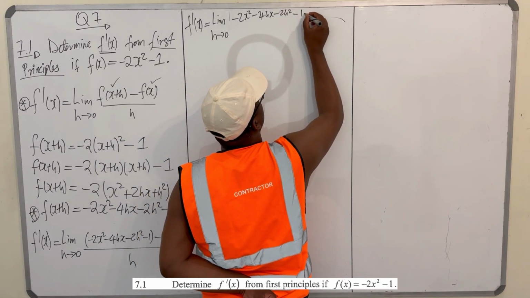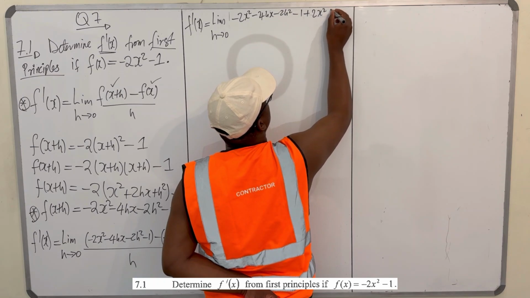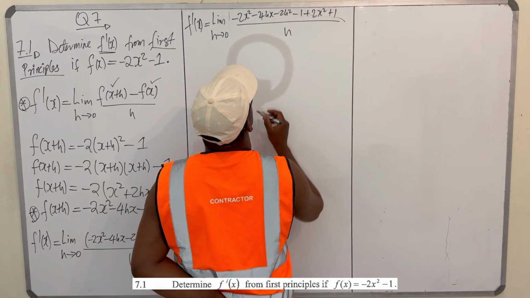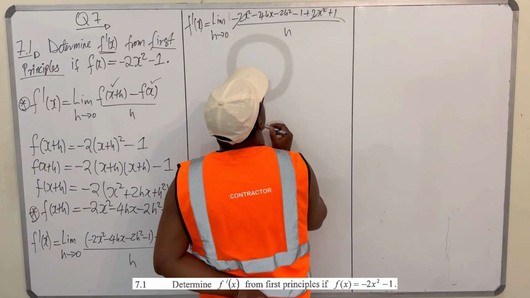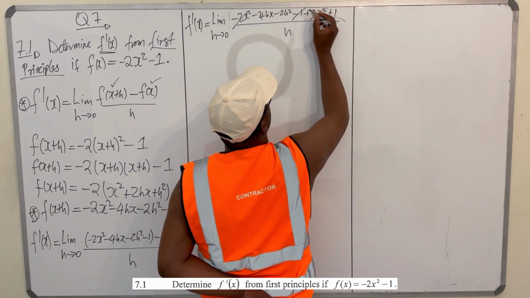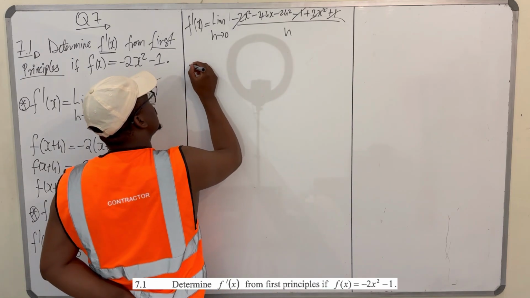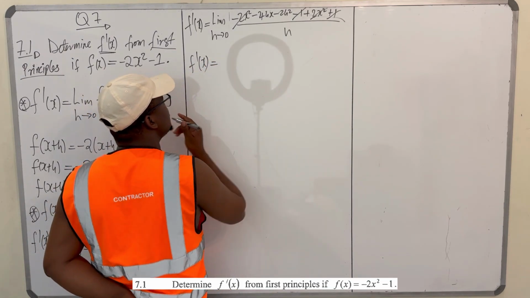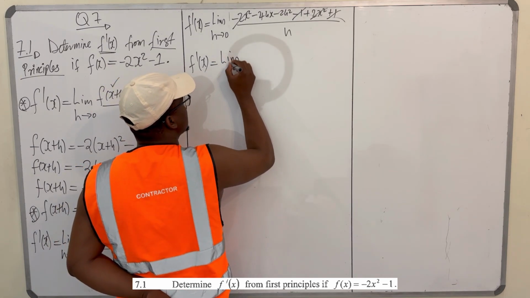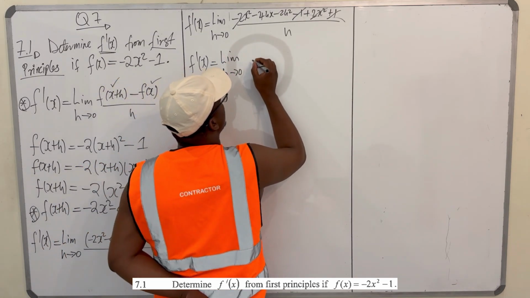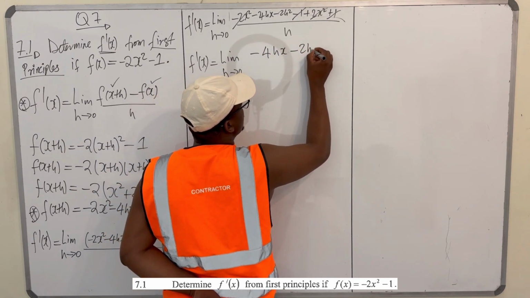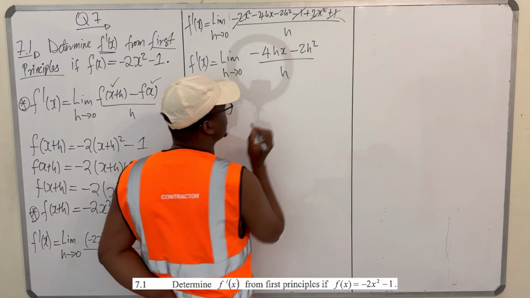Minus 1 plus 2x squared plus 1, all divided by h. So you group the like terms, this one and this one go away, this one and this one go away. So you're left with f prime at x equal to the limit as h goes to 0 of negative 4hx minus 2h squared all over h.